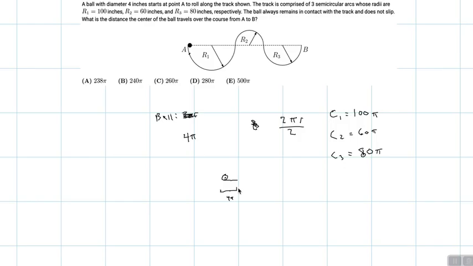This ball rolled. It's hard because I want to say that the center of the ball traveled from here to here. Didn't it just go 4 pi? But I don't think so.